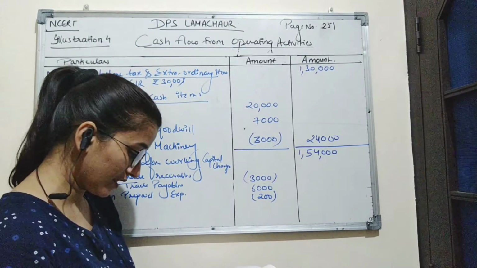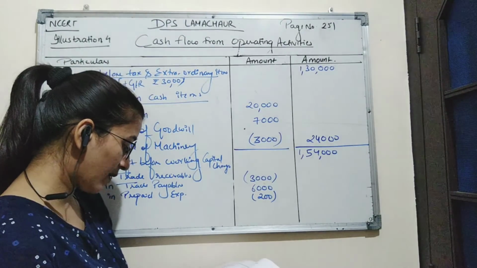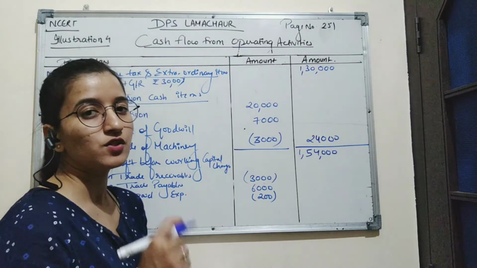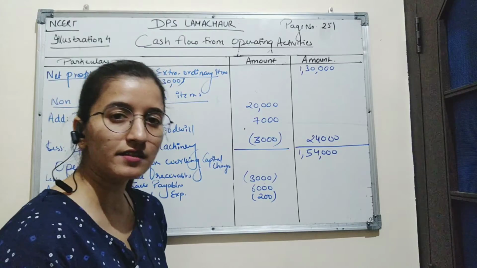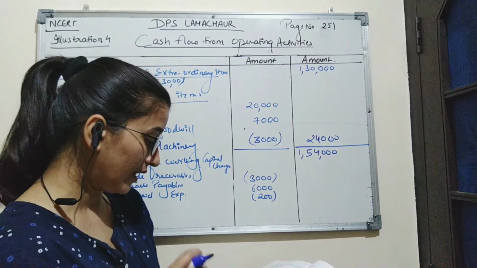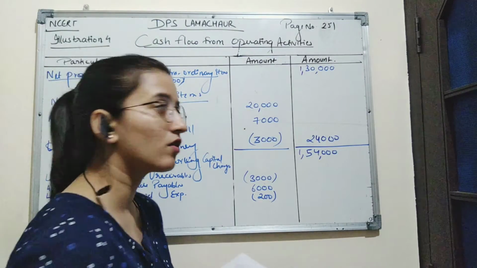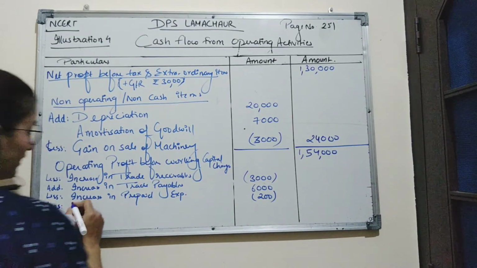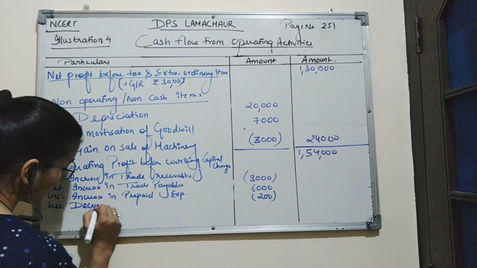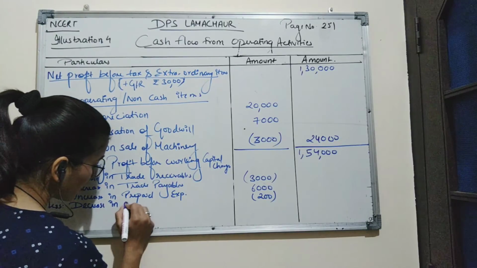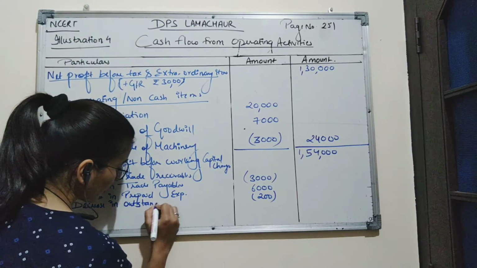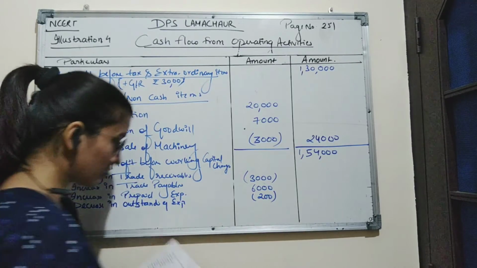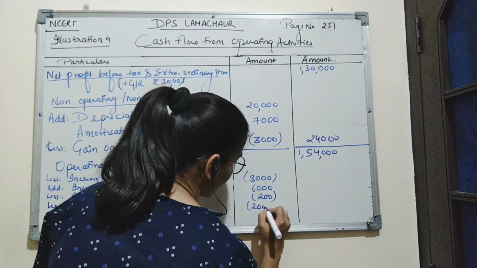And the last point is outstanding expenses showed a decreased balance of rupees 2,000. So outstanding expenses is considered as current liabilities. Decrease in current liability is always subtracted. So we will subtract decrease in outstanding expenses. Amount is rupees 2,000.